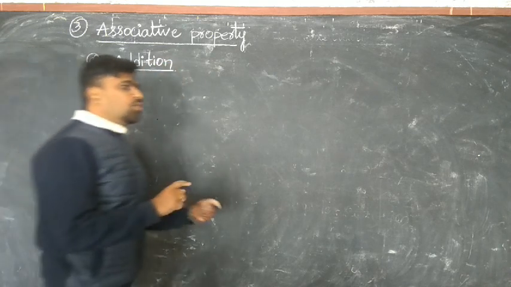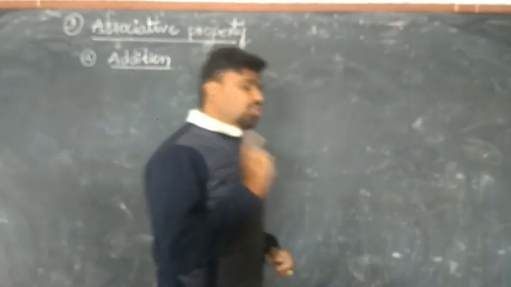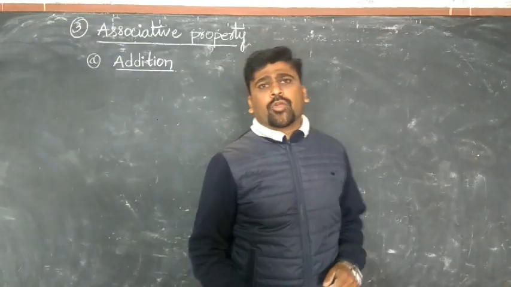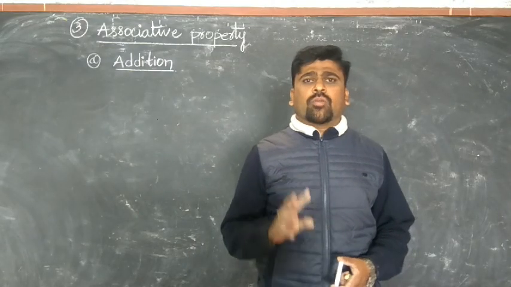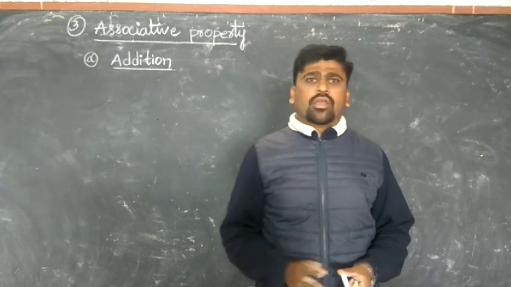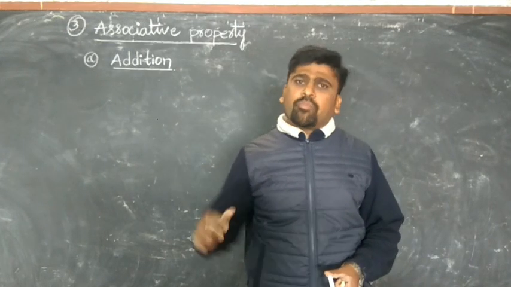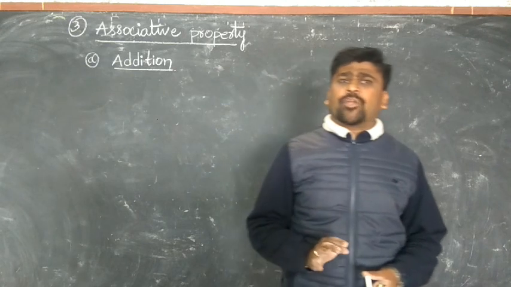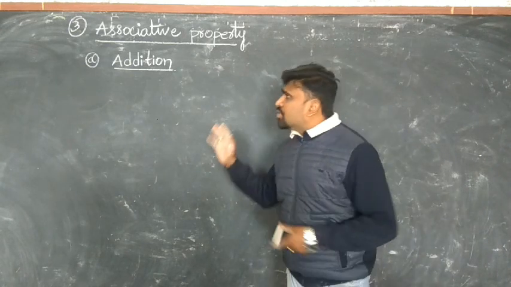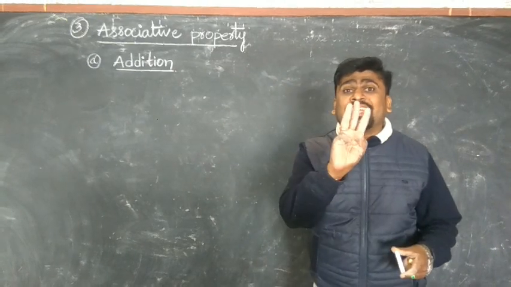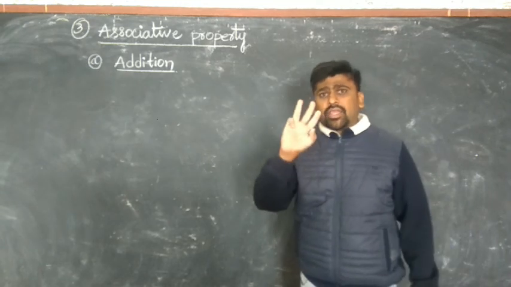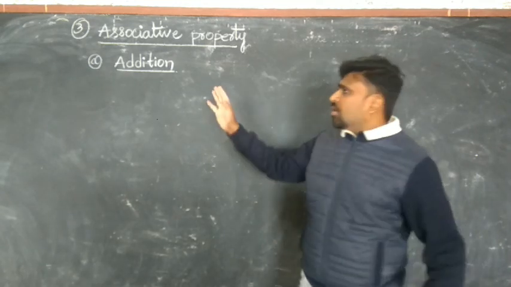Clear? Regarding the two properties, closure property and commutative property, they belong to two numbers. A plus B is equal to C. A plus B is equal to B plus A, it is the commutative property. In case of associative property, it comes for three numbers, A, B, C. See the rule first.